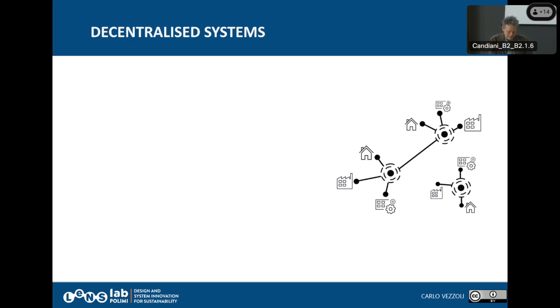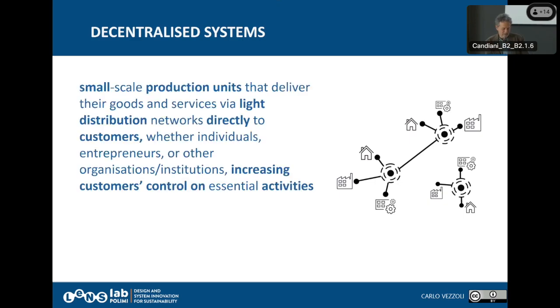So what is a decentralized system? It is a system with small-scale production units that deliver goods and services via a light distribution network directly to customers, no intermediaries, whether they are individuals, companies, NGOs, or other types of organizations, increasing the customer control on essential activities, okay?